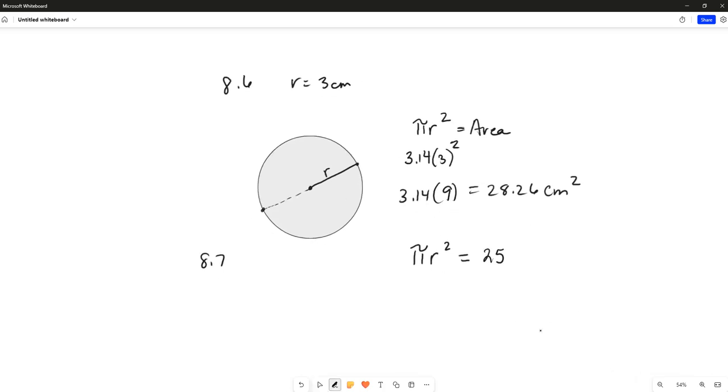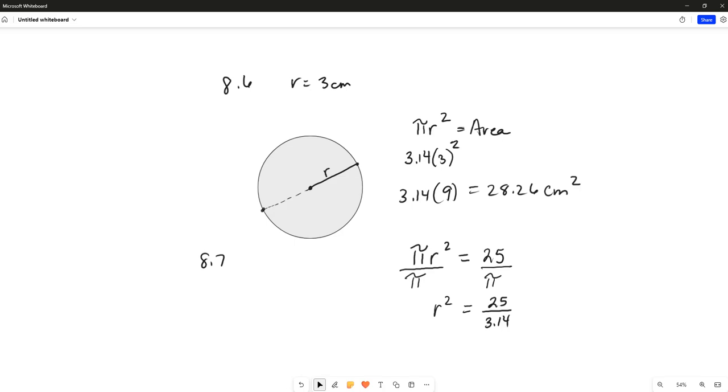Okay, so when I'm solving for a variable, I want to get it all by itself. So I'm going to divide both sides of this equation by pi. And that gives me radius squared equals 25 divided by pi. I'm going to convert pi into 3.14. I'm going to take out my calculator. I'm going to put 25 in.